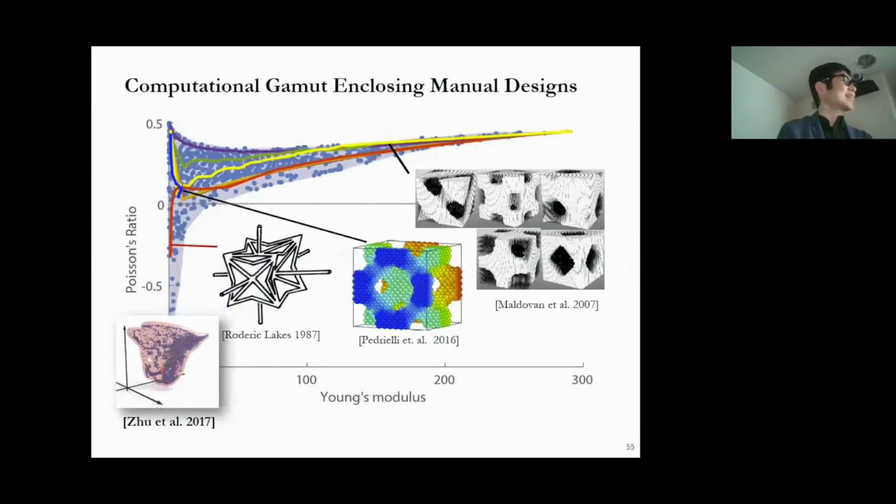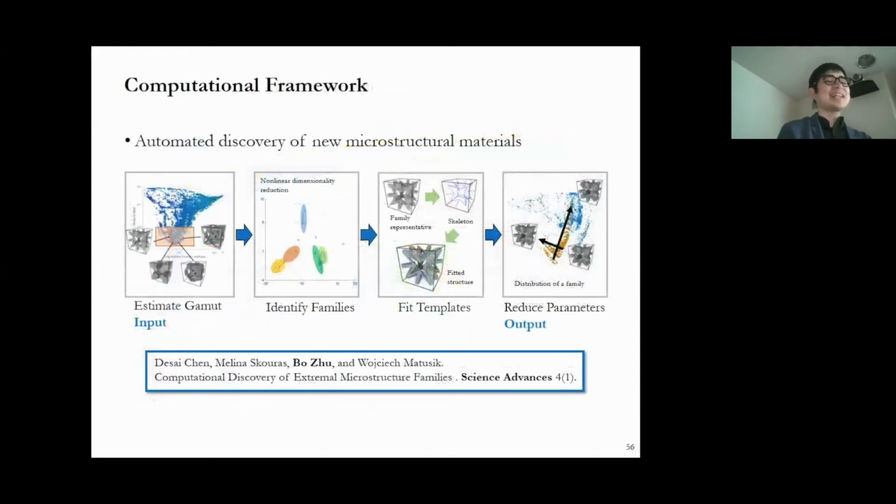And we want to figure out, can we extract more useful information from this point cloud? Can we discover some other structures by analyzing this data? So the answer is yes. We designed an automated material discovery pipeline by combining simulation and this point cloud data.